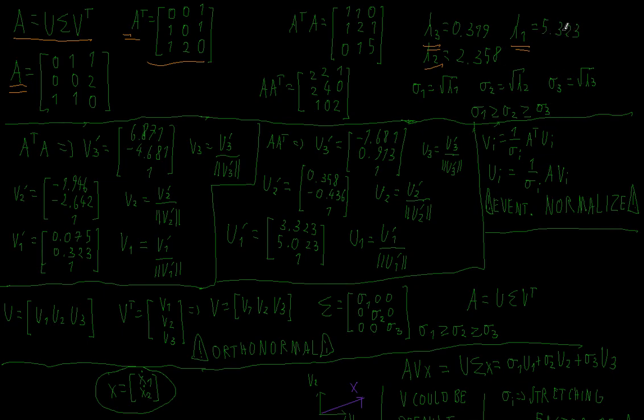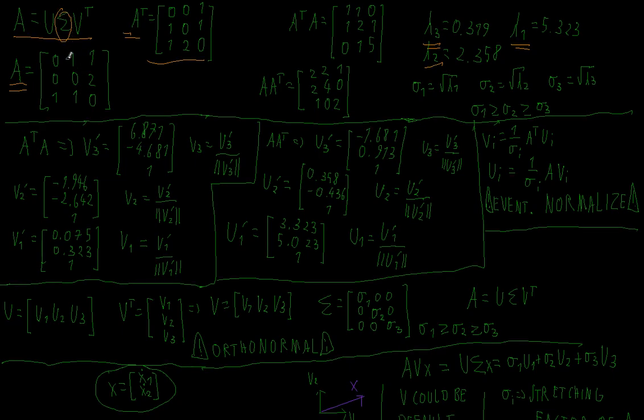One thing to notice: you may have wondered why I first wrote lambda 1, lambda 2, and then lambda 3, and why lambda 1 is equal to 5.323 and not something else, and why lambda 3 is equal to 0.319 and not something else. Remember that the singular values in your capital sigma matrix need to be put in descending order, so the biggest singular value comes first, then the second biggest, and so on, and the last one is the smallest.